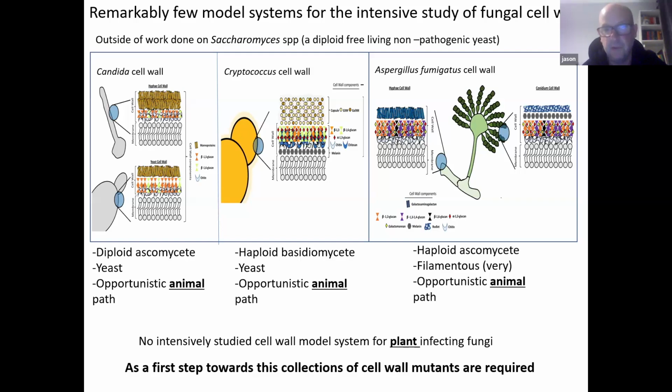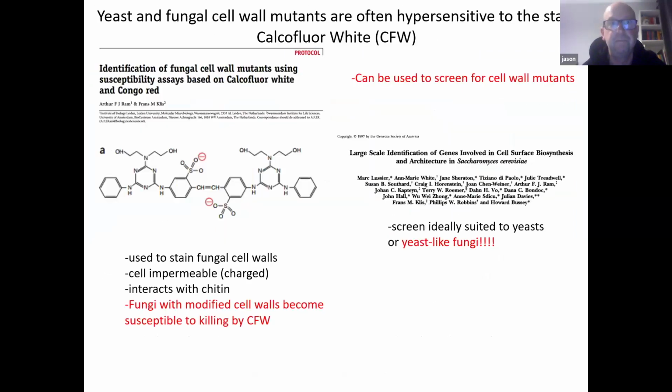And as a first step towards this, we obviously needed to generate a collection of mutants in cell wall strength and viability to see what's going on. So we did this using literally a very simple assay that was developed many, many years ago for yeasts, which is to test sensitivity of induced mutant strains to the stain calcofluor white.